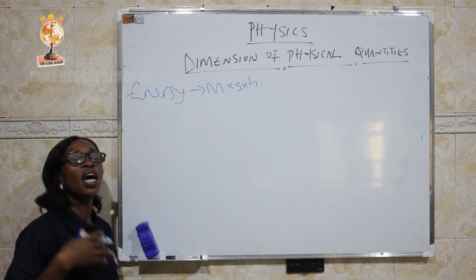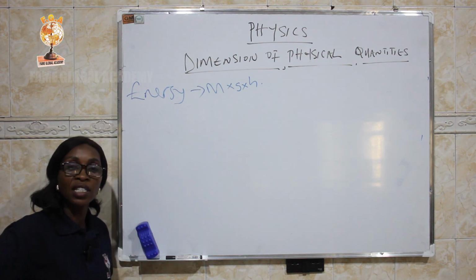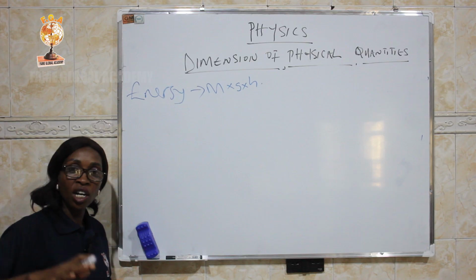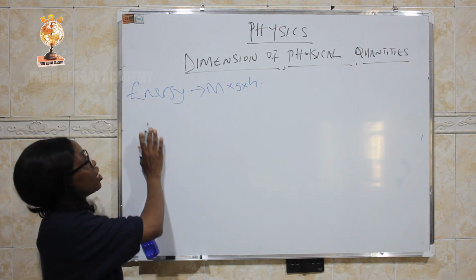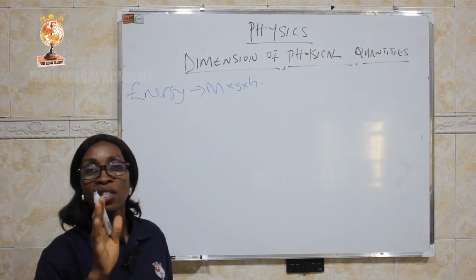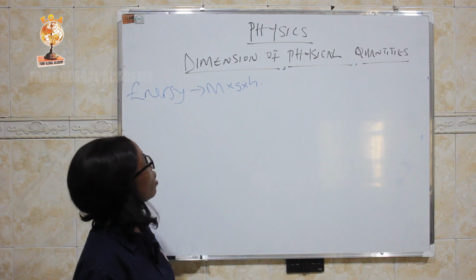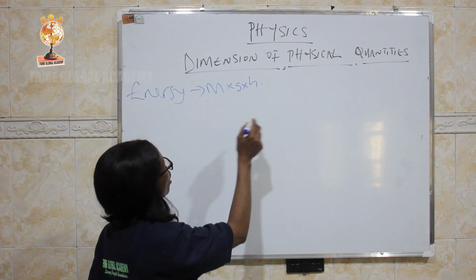It could also be half mv squared, and when we get to that stage, we will talk about the different types of energy, potential and kinetic energy. But for now, energy is mass times gravity times height: mgh.